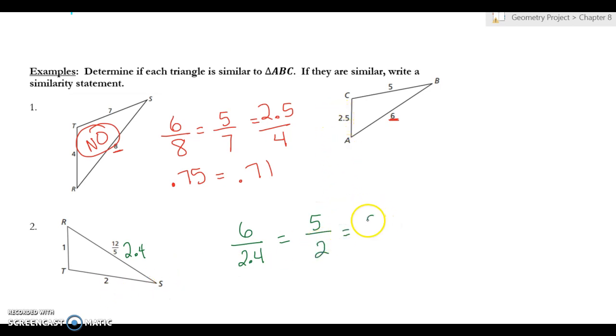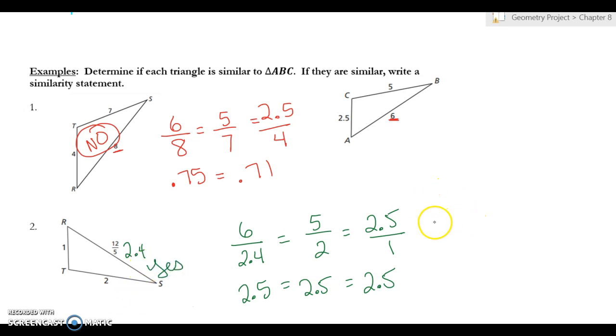And then my next biggest side is 2.5, and that's going to go over 1. So now I have to divide each of those out. 6 divided by 2.4 is 2.5. 5 divided by 2 is also 2.5. And 2.5 divided by 1 is also 2.5. So this is a yes.